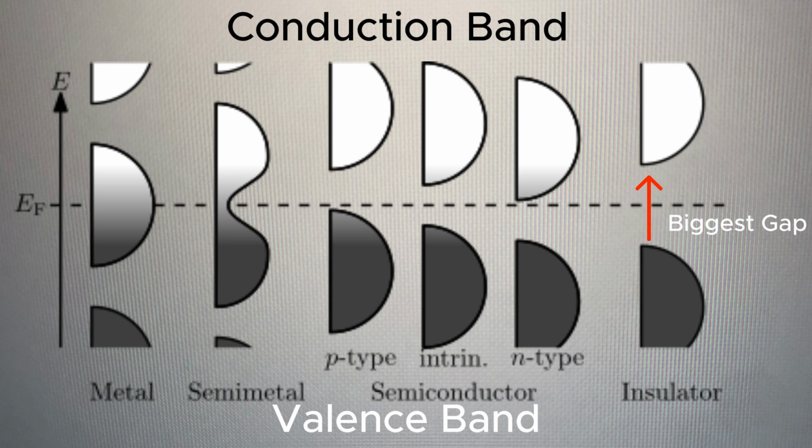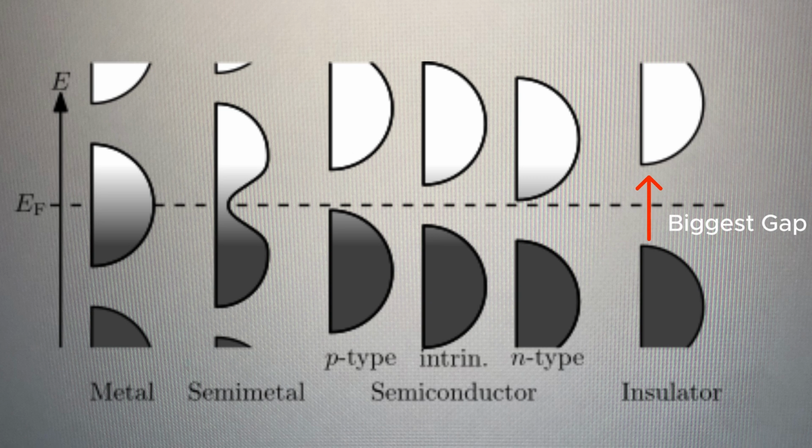But so in that you have insulator. An insulator has a pretty big gap between the valence band and the conduction band. So for stuff to conduct electrically, please, if anybody knows better, you can correct me in the comments. Anywho, so an insulator has a pretty big gap between the valence band and the conduction band, and that means it needs a lot of energy to jump from the valence band to the conduction band.